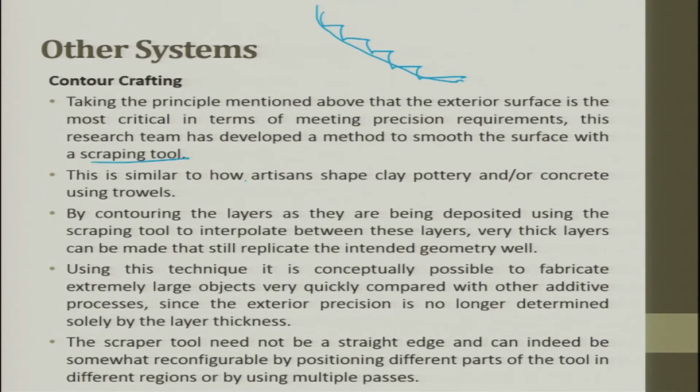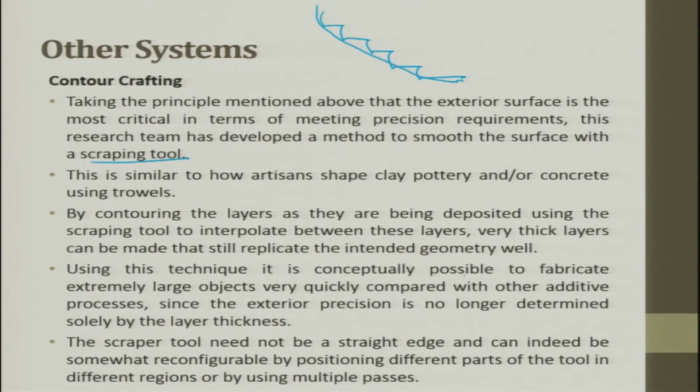This is similar to the use of artisans shaping clay pottery, and concrete using trowels. By contouring the layers as they are being deposited, using the scraping tool to interpolate between these layers, very thick layers can be made that still replicate the intended geometry well.